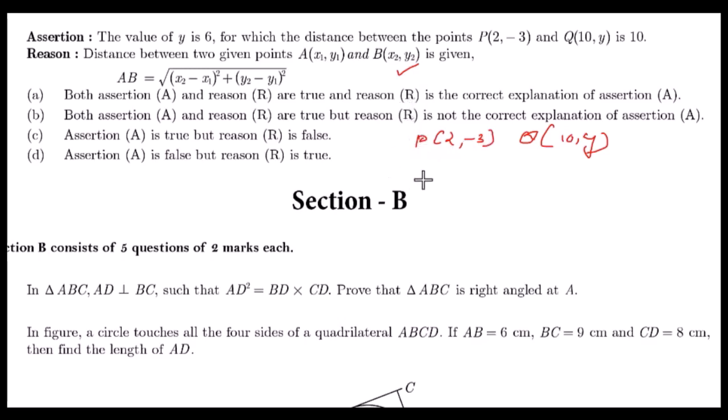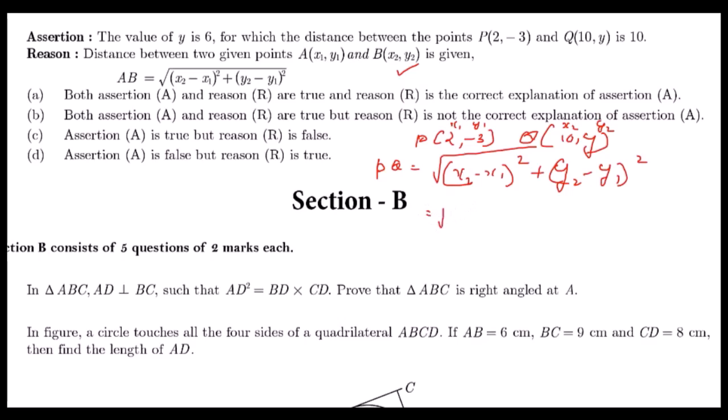So what is PQ? PQ is equal to the square root of (x2 minus x1) whole square plus (y2 minus y1) whole square. So this is x1, this is y1, this is x2 and this is y2. Now substitute the values.